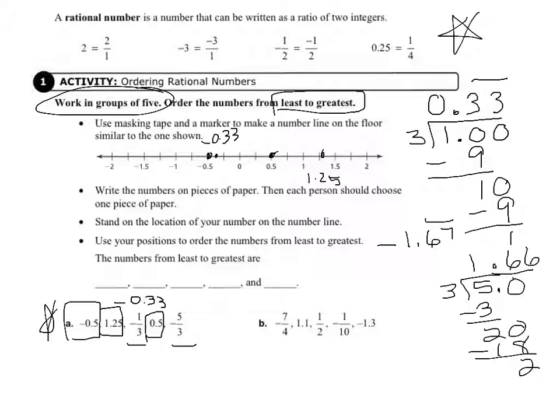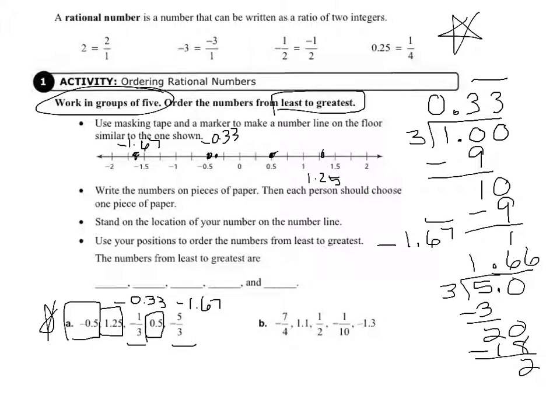So it's negative 1.67. So when we put that on our number line here, it's beyond the negative 1.5, but not as far as negative 1.75. So it's around in here, negative 1.67.